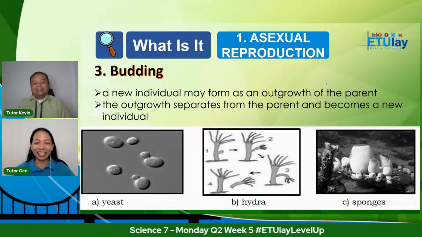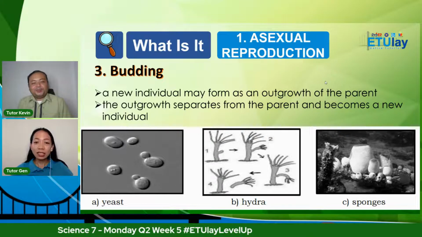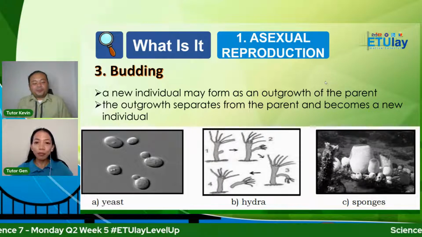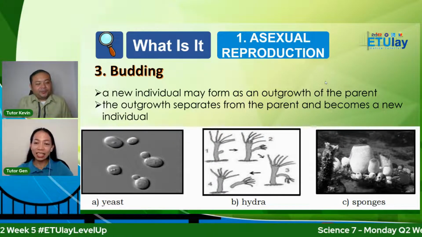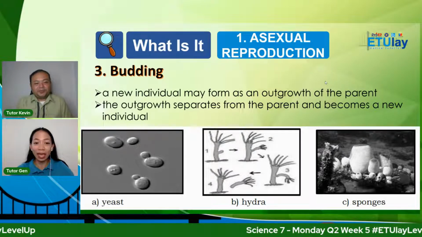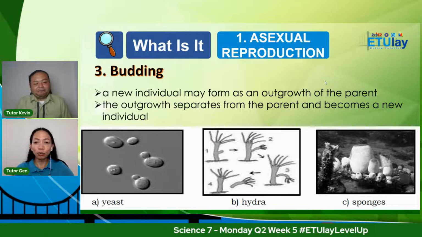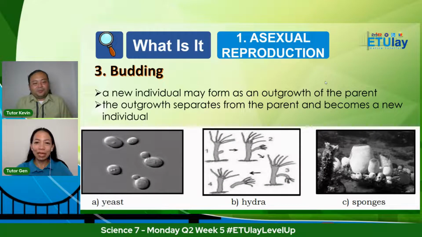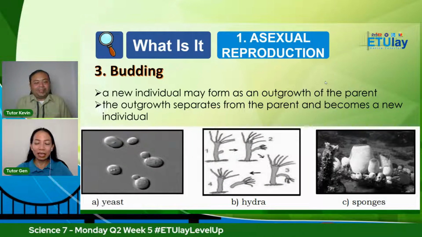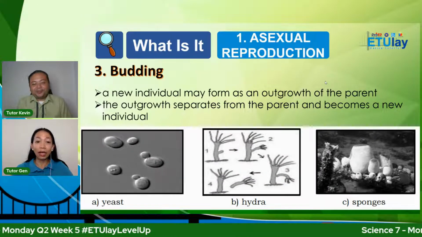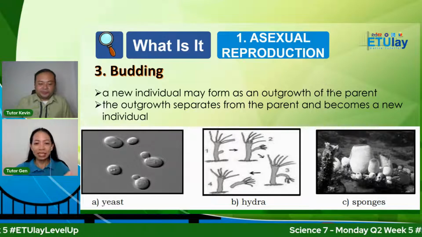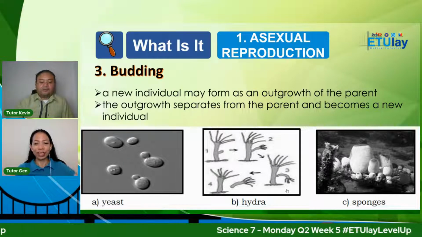Sa dagat. And yes, yeast, maybe our learners are familiar kasi may TLE class na yan sila. Kung nagluluto sila, nagbe-bake, yeast is added sa kanilang baking ingredients. So, yeast undergoes budding as a form of asexual reproduction.